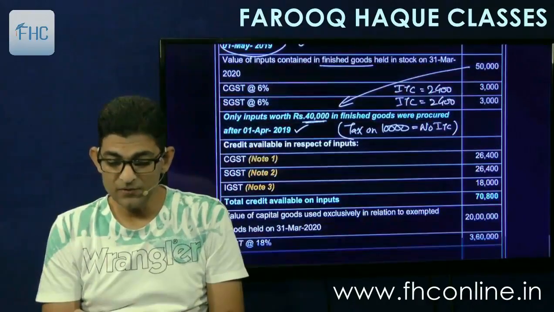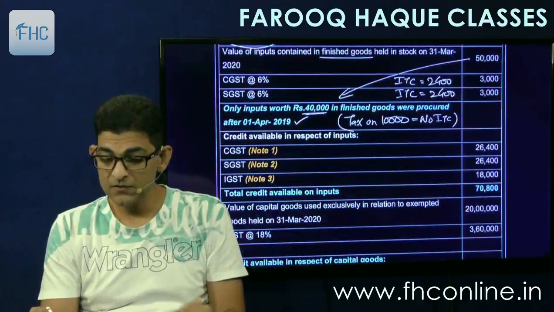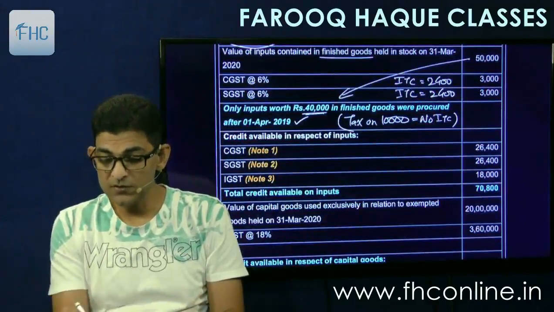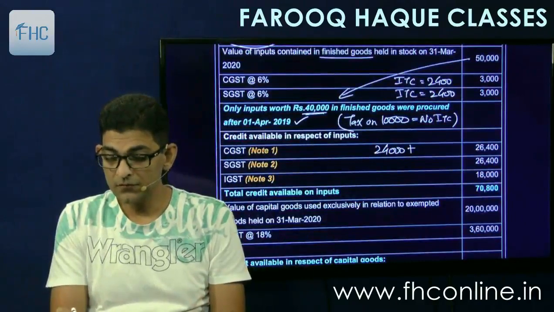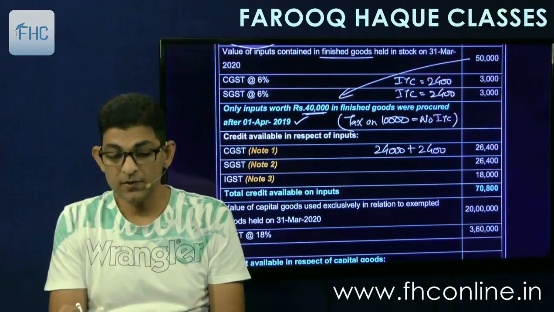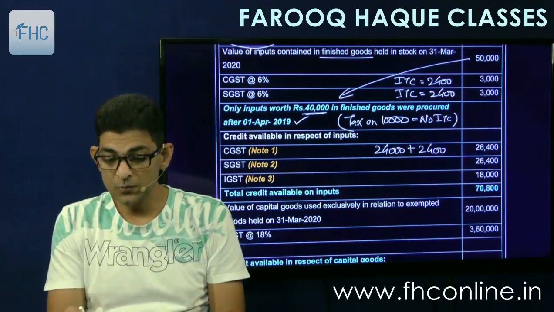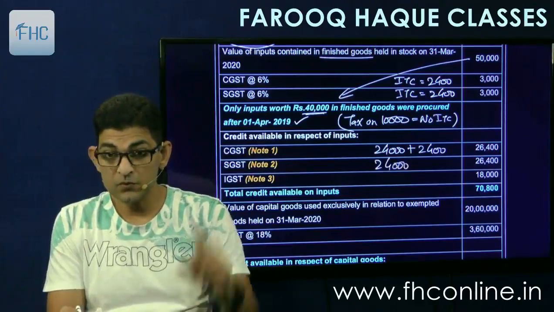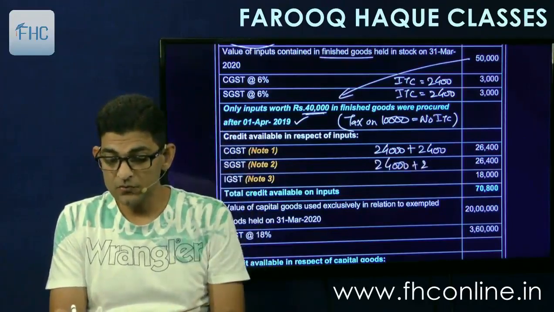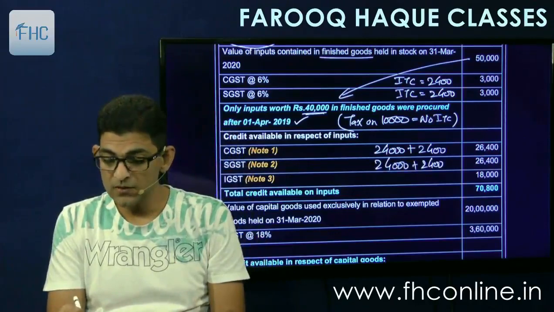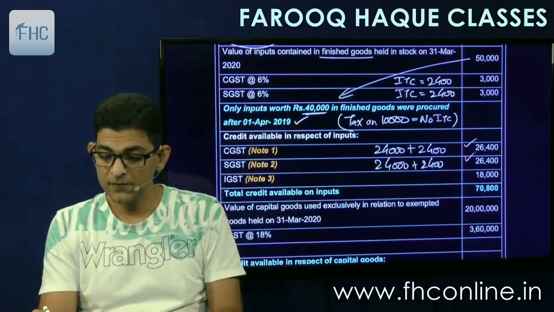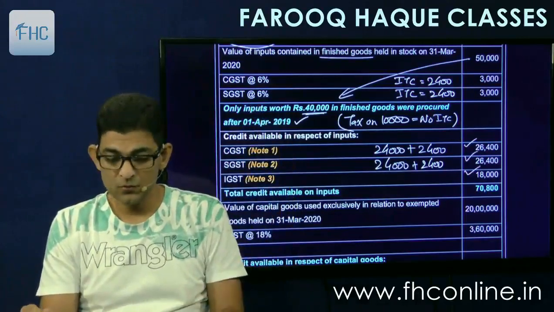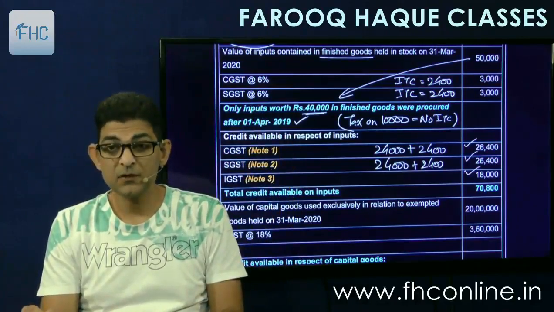So credit available in respect of inputs will be CGST 26,400. 26,400 means 24,000 plus this 2,400. Similarly SGST 24,000, that was on semi-finished, plus 2,400, and IGST was 18,000, the first one. Simple calculations. So total credit available will be 70,800.